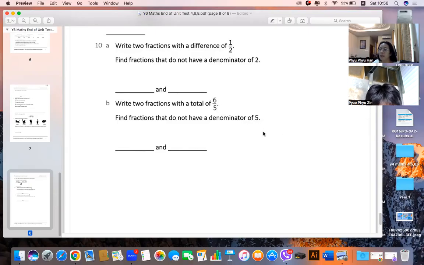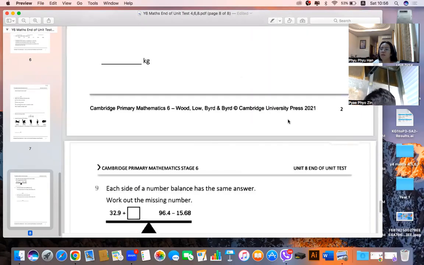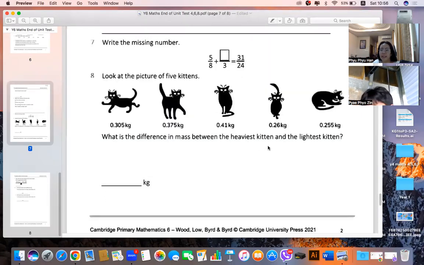So we can think of the denominator of 10 and do a calculation. But of course, we cannot think of the denominator of 9 or this. We can think of only multiples of 5. So that's all for unit 8.